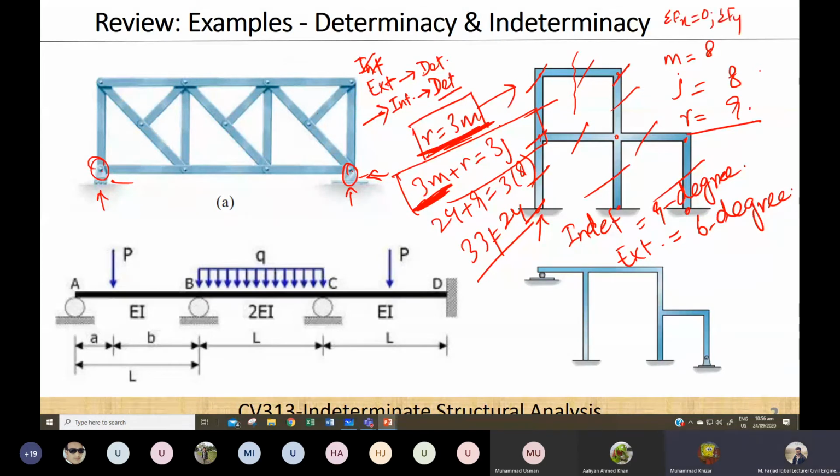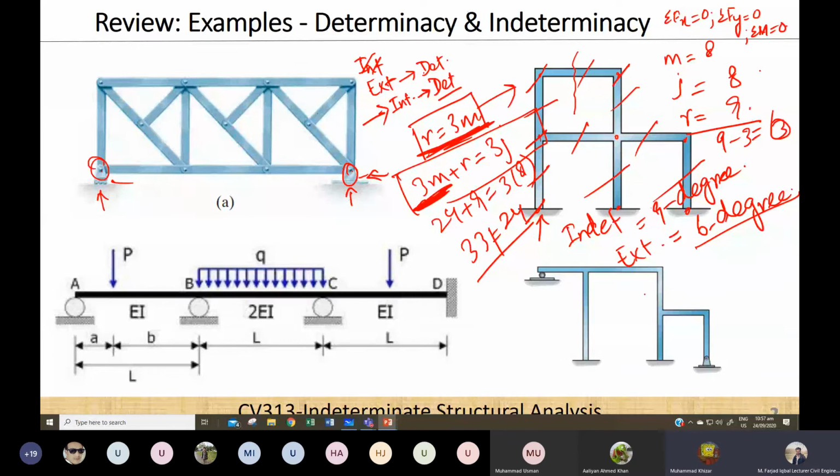Sigma fy is equal to 0. And sigma moment is equal to 0. So we have 3 equations of equilibrium and we have 9 reactions. So 9 minus 3 is equal to 6. So that is why it is 6 degree indeterminate.